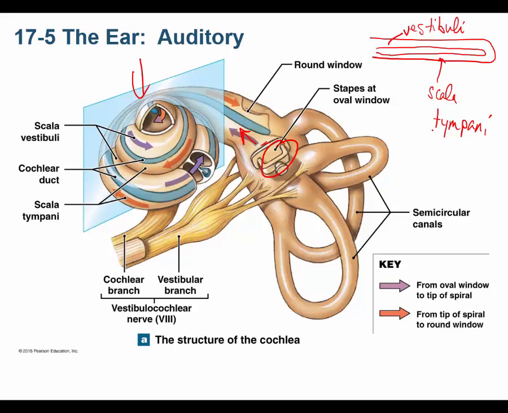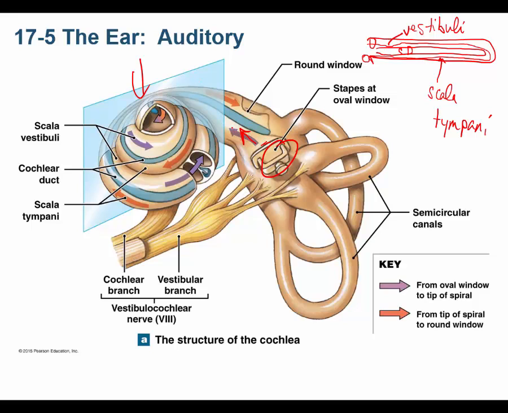I would agree that they're the same tube, they just rounded a corner. Here's the oval window. Your sound wave is traveling through here. It rounds the corner and comes back and hits your round window. And this is the cochlear duct right here. So I do have a straight picture of this for you, but my current picture is curled. So this straight duct is curled up to make this cochlea. It kind of looks like a snail.